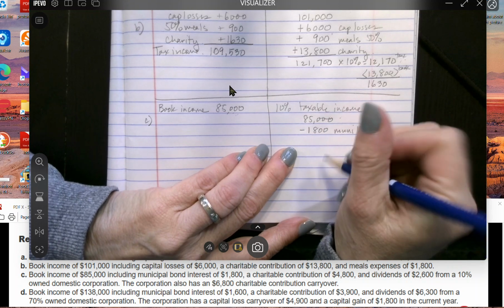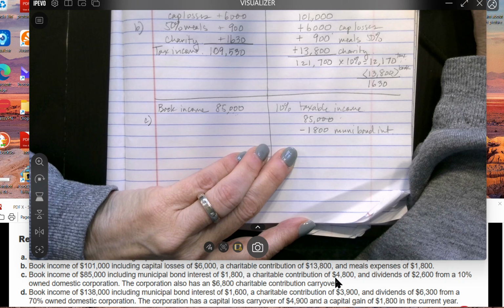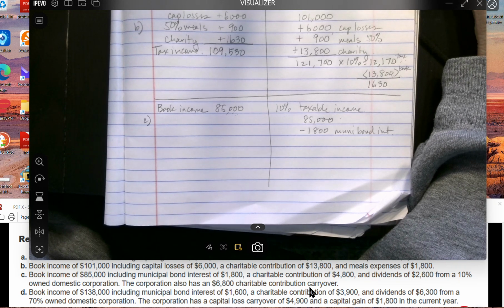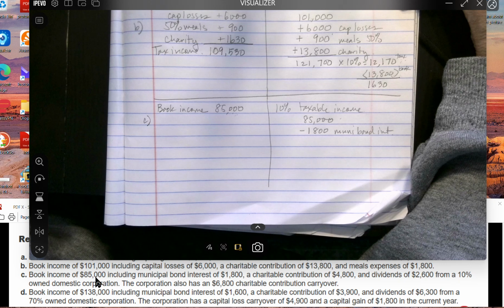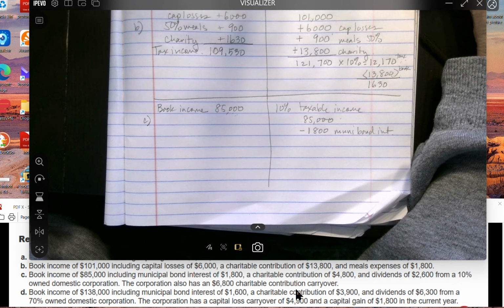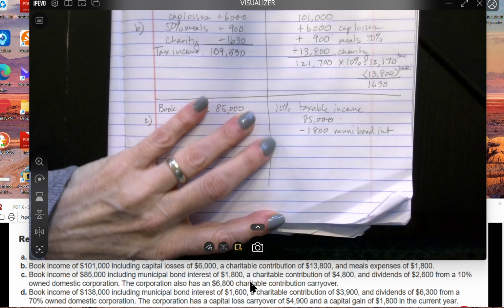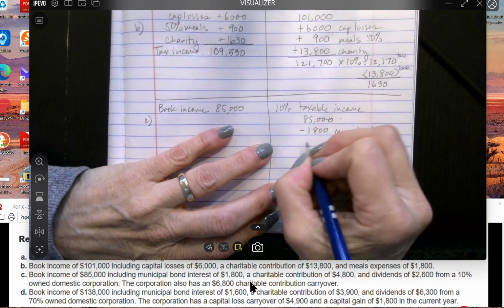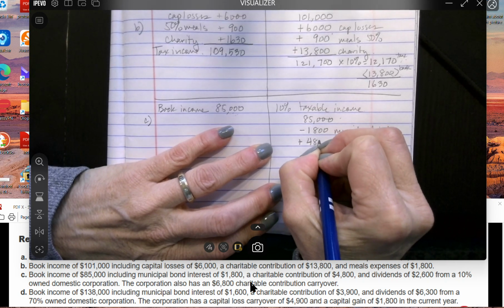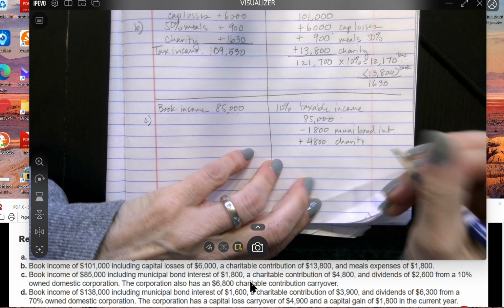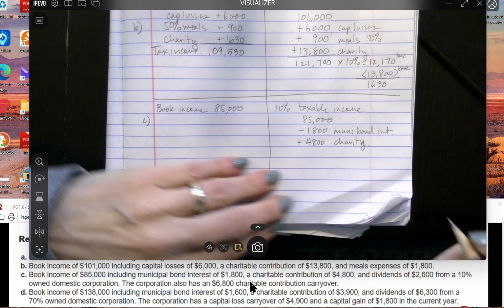So now we're going to have to make an adjustment. We've got to add back the current year charitable contribution of $4,800. Now, we don't need to do anything with this carryover because it would not have been included in the book income. We're going to take that this year if we can, right? But this wouldn't have been included in the book income. So for purposes of this adjustment, we don't need to do anything. But we do need to add back then our charitable contribution. All right.